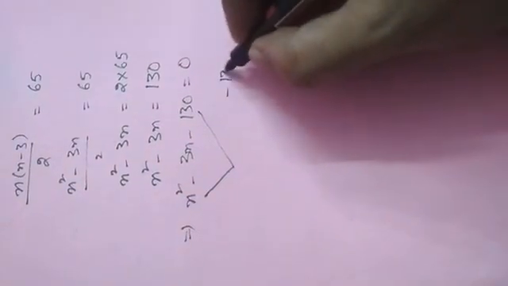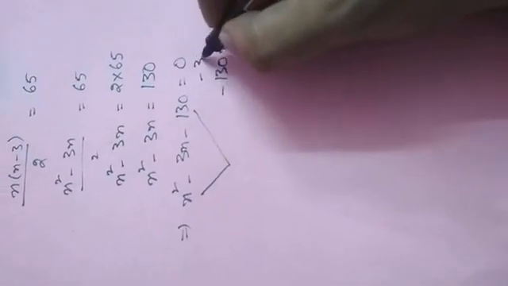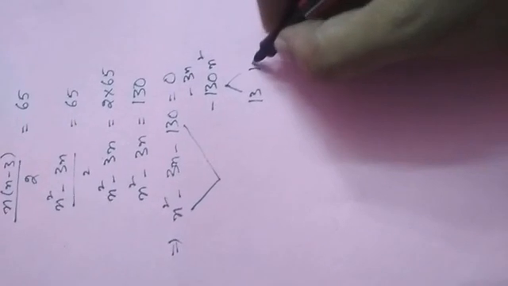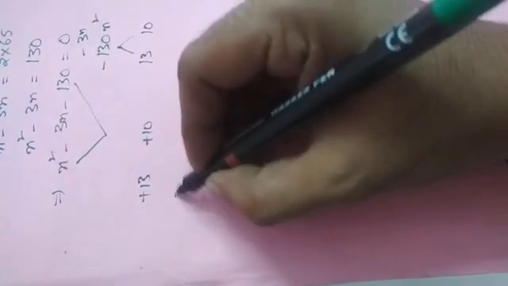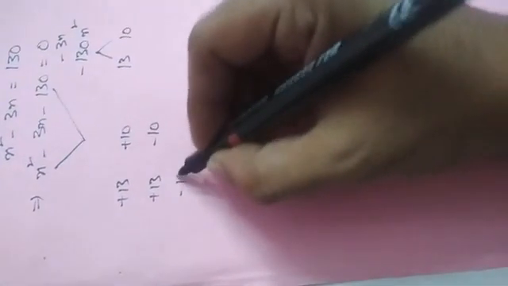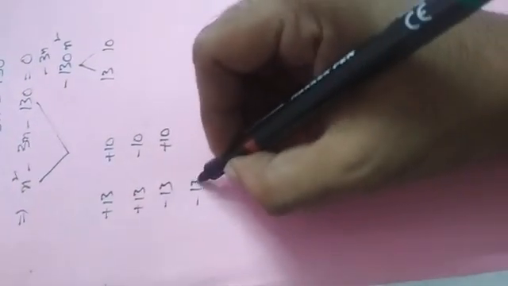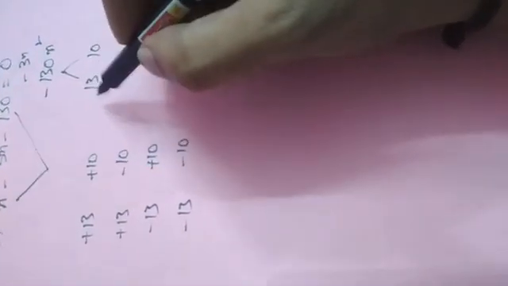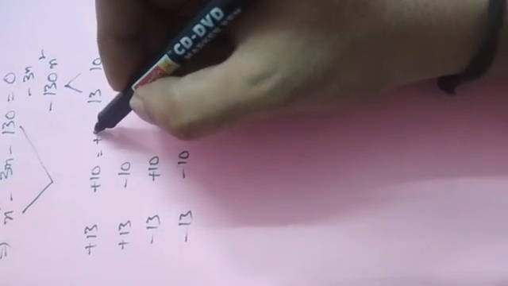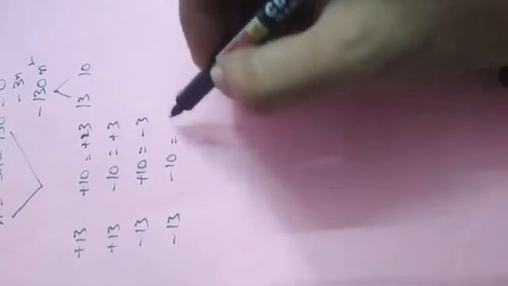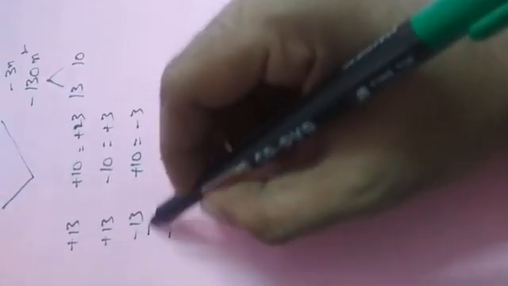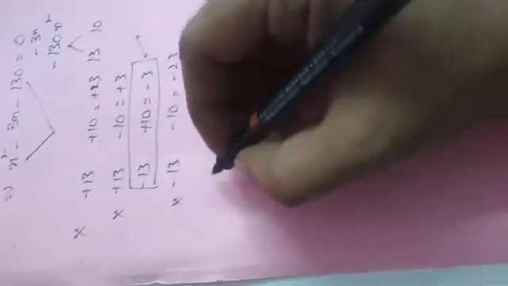We'll do the split form. For −130 we need two numbers, 13 and 10, with four sign cases: +13 +10, +13 −10, −13 +10, −13 −10. Here we get +13 −10, so the difference is 3 and the product is −130. So this one is correct, the remaining are wrong.